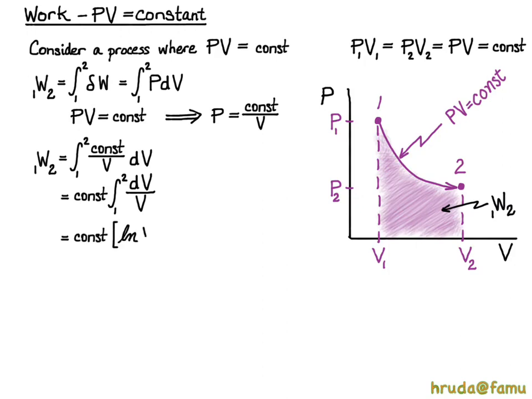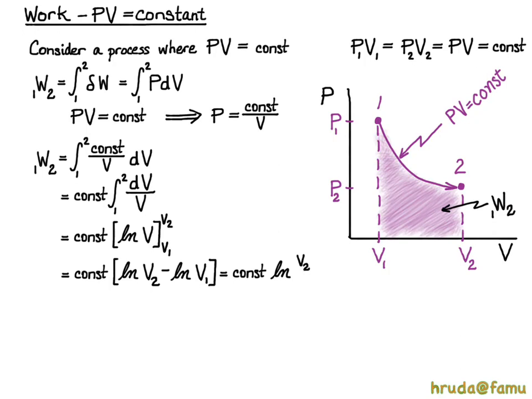And that's just a constant times the natural log of V, where natural log of V is the integral of dV over V. And we'd evaluate that from state 1 to state 2, or from V1 to V2. So I get a constant times the quantity natural log of V2 minus natural log of V1. And if we remember that logs are exponents, we get that it's a constant times the natural log of V2 over V1.